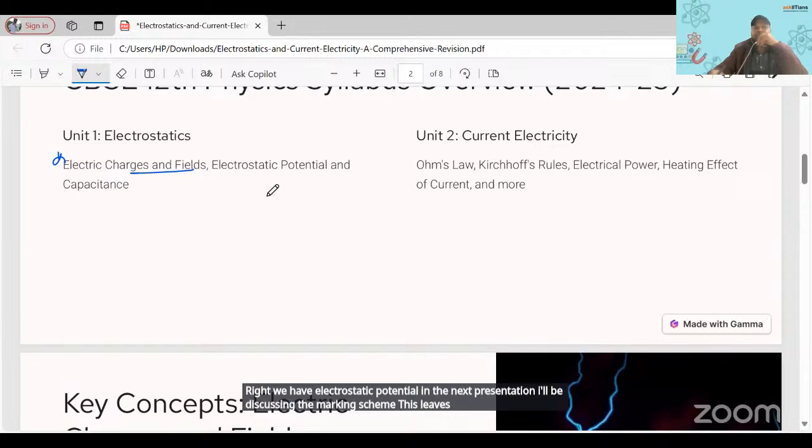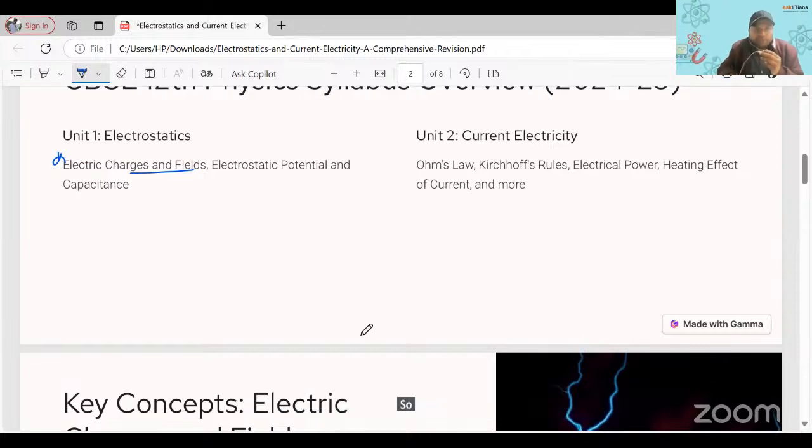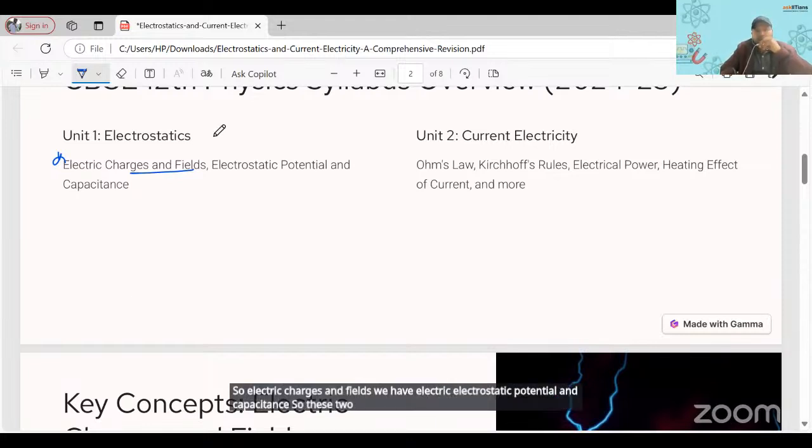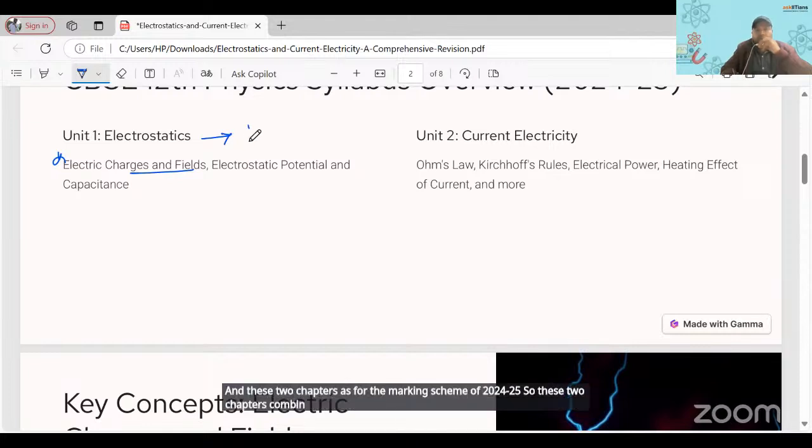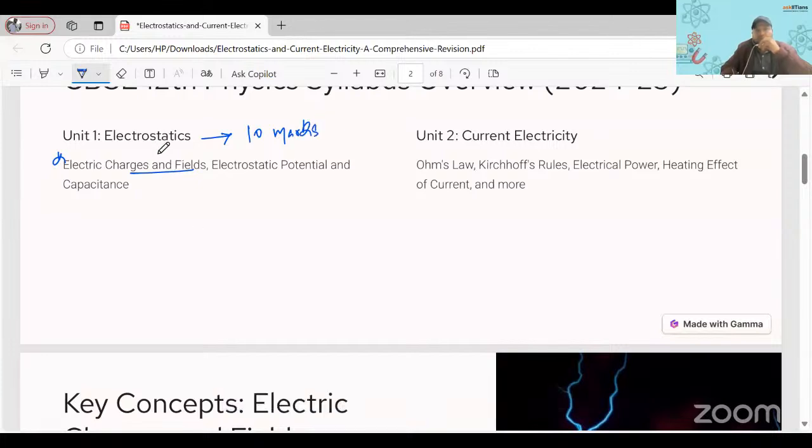As per the marking scheme of 2024-25, these two chapters combined will be of 10 marks. So this would be of 5 and this would be of 5. Accordingly, we need to prepare.